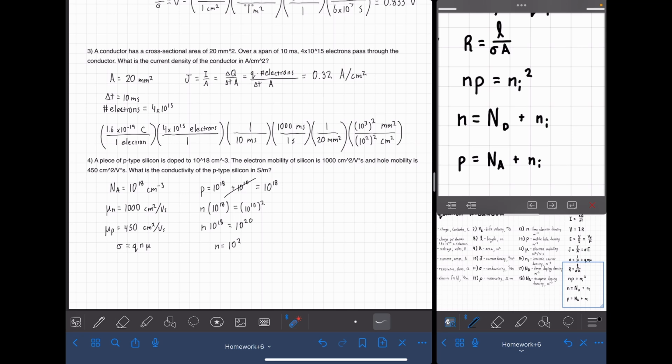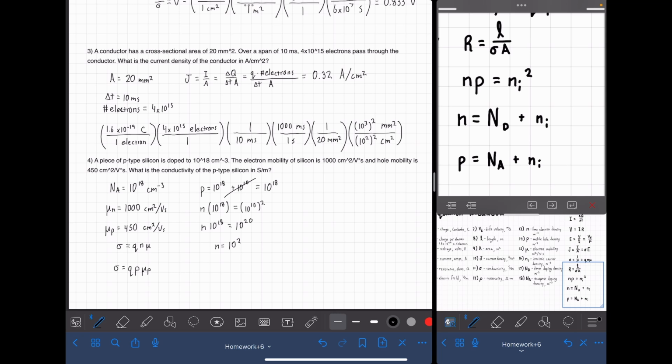So we are going to have to rearrange this conductivity equation to reflect the conductivity of our holes. We'll use the fundamental charge again, that doesn't change. But instead of electron density, we're going to put our hole density, since that is the dominant carrier in our silicon. And instead of electron mobility, we're going to put the hole mobility.